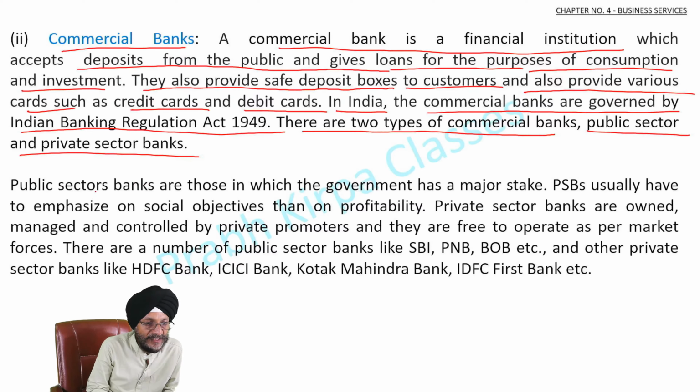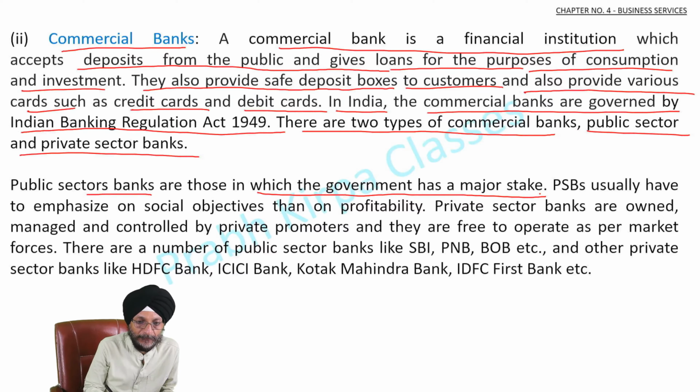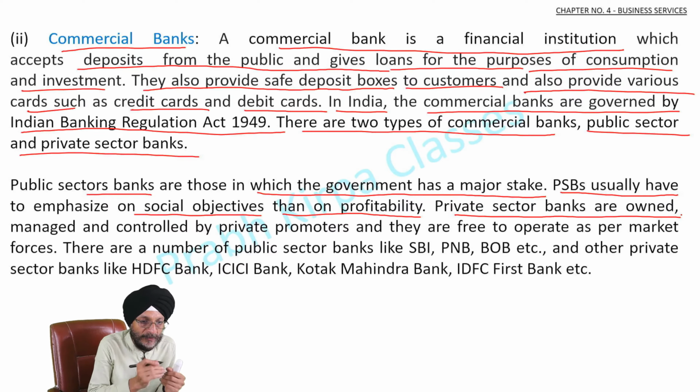Public sector banks are those banks in which the government has a major stake. Public sector banks usually have to emphasize social objectives more than profitability. On the other hand, private sector banks are those banks which are owned, managed, and controlled by private promoters, and they are free to operate as per market forces.